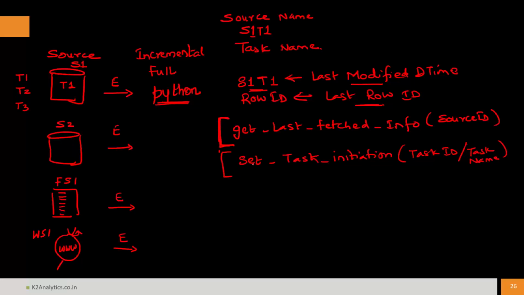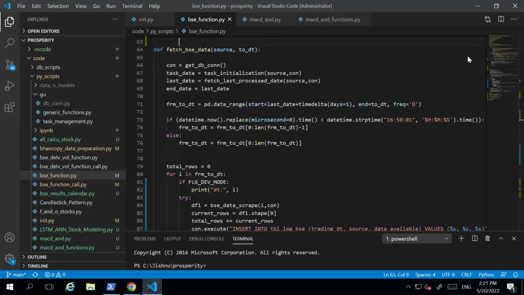Let me try to explain this with a code example so you understand the point I am trying to convey to you. Here I'm showing some of my own code snippets which I have written to extract the Bhav copy data from Bombay Stock Exchange.